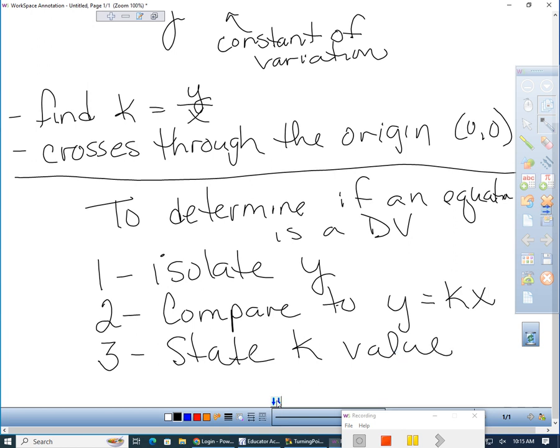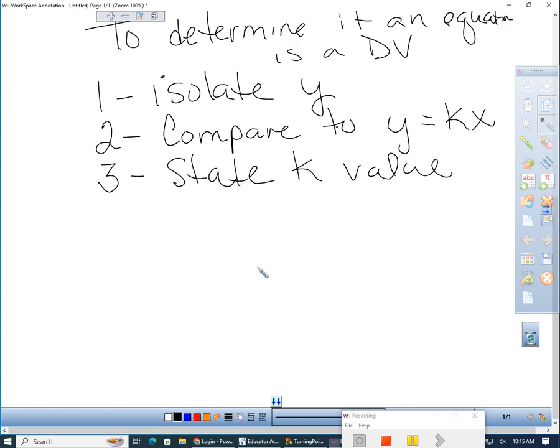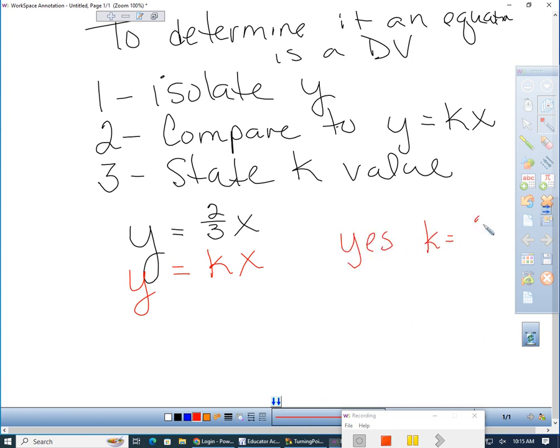So if after I get y by itself, let's say I have the equation y equals 2 over 3x. Is this in the form y equals kx? It is. So we would say yes, and k equals 2/3.